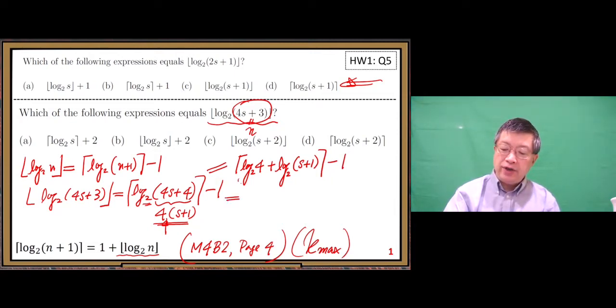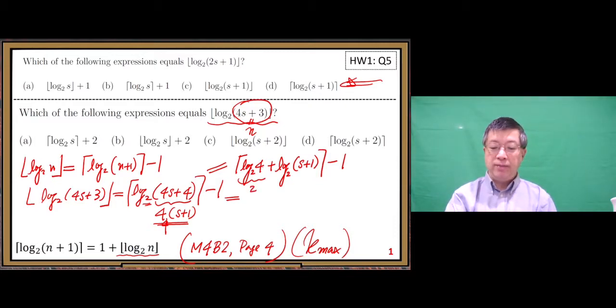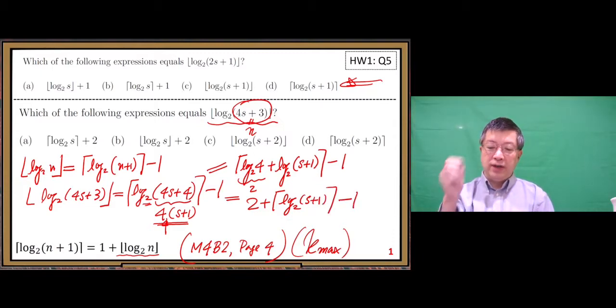Then we know 4 is 2 squared, the same base, so we get 2. Another thing is that 2 inside the ceiling function, we can pull it out. We can pull 2 out of the ceiling function. That property we also use. So we have 2 plus the ceiling of log of s plus 1, minus 1.